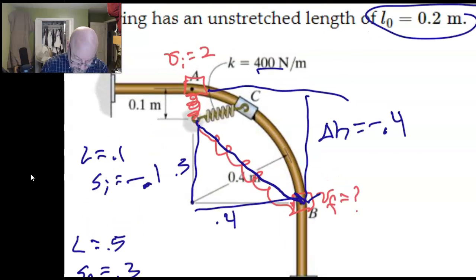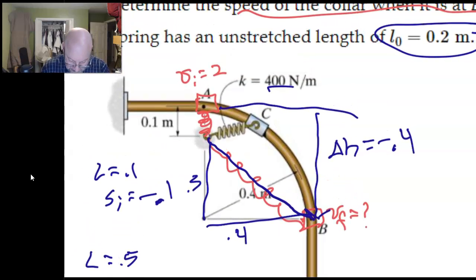Let's zoom in on this thing here. Somewhere, maybe right here, it looks like the spring is uncompressed. But just a little bit further than that, the spring has stretched out. And it might be stretched out to a distance of 0.1.